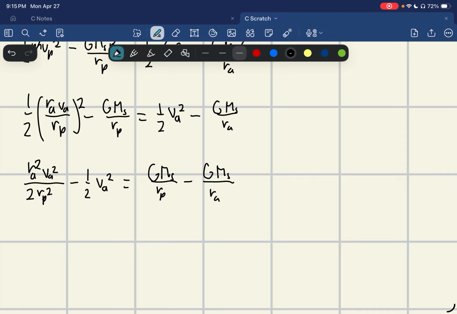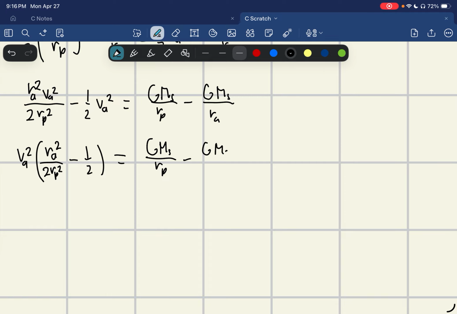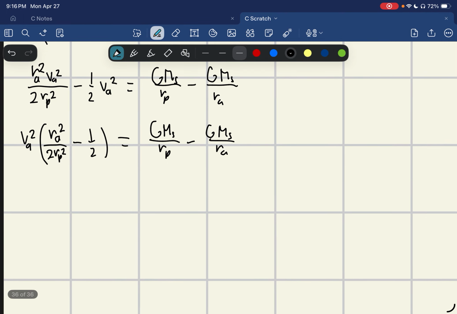And here I'll factor out VA squared from the left side, so VA squared times RA squared all over 2 RP squared minus 1/2 is equal to GMS all over RP minus GMS over RA. And then I would divide the right side by everything in parentheses from the left side, and then square root it to isolate for VA.